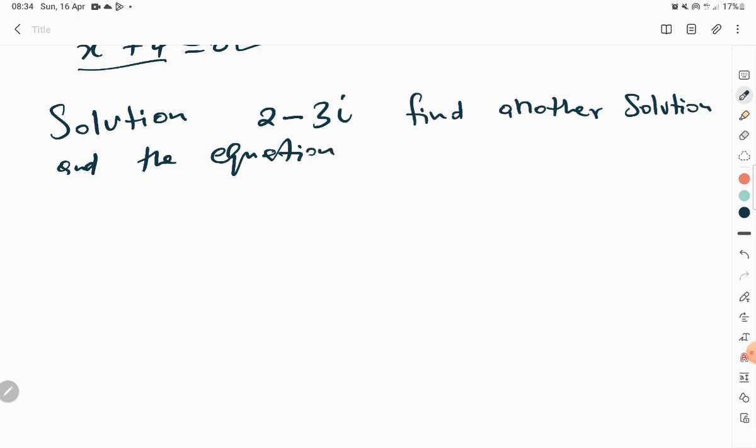Now, it is wise that if we have this as one of the solutions, then also you have x equal to the conjugate of that, which is 2 plus 3i, which is also the solution of the same quadratic equation that you are looking for.